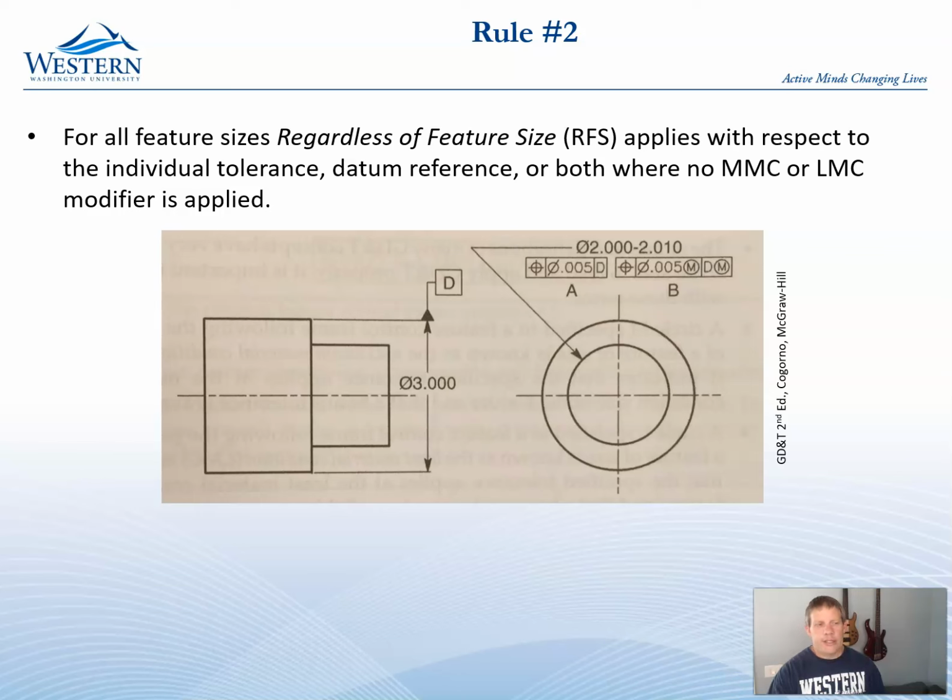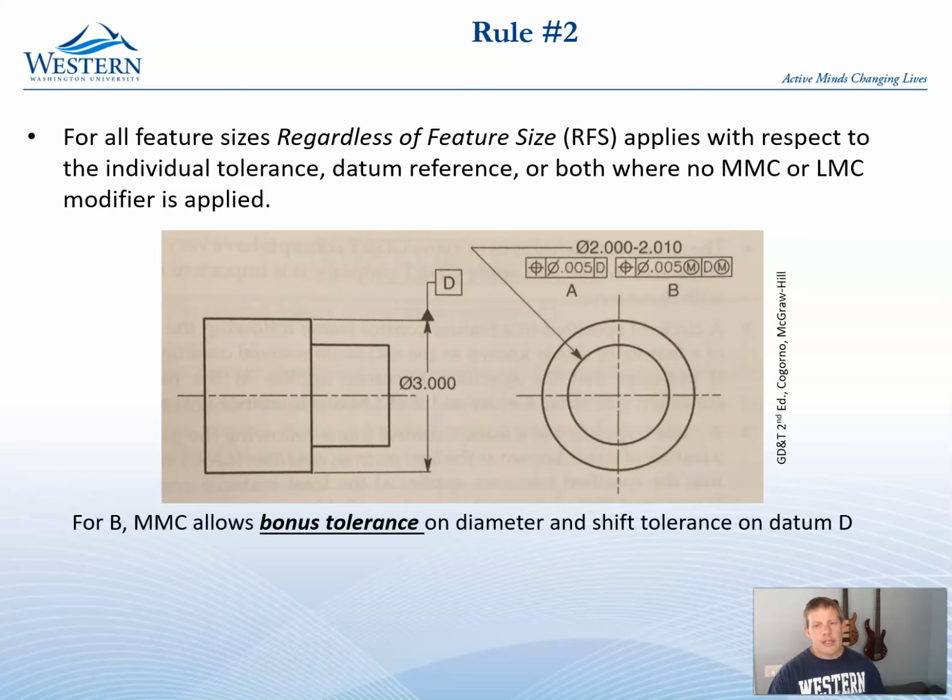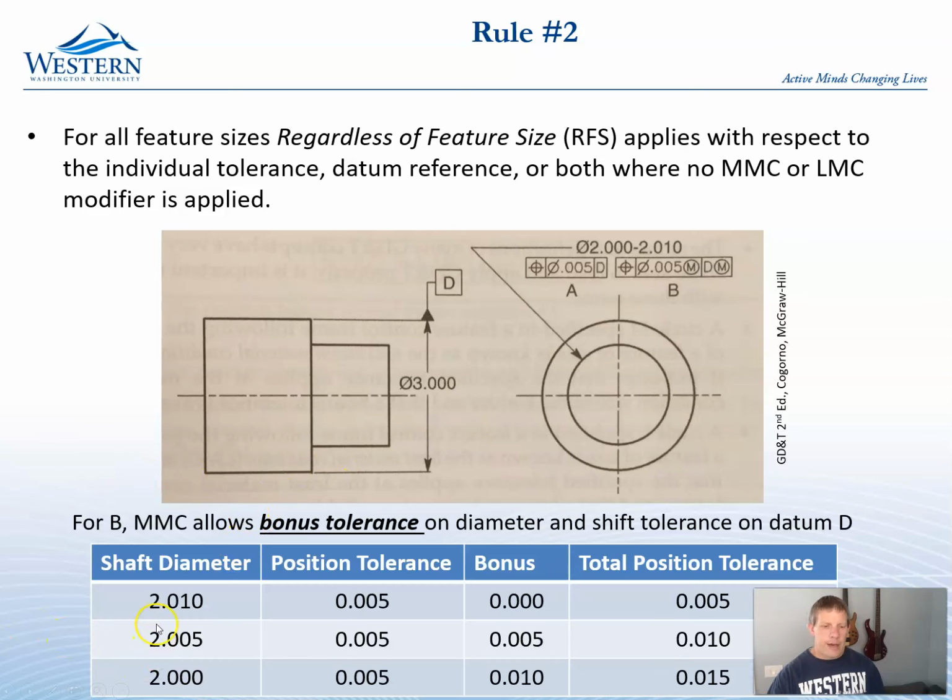It's also truly useful most of the time. It is the way that things go together best. So we can get some bonus tolerance here. If our smaller shaft is at its full diameter, then all we get is the position tolerance, and our total position tolerance is 5/10, just like it said.